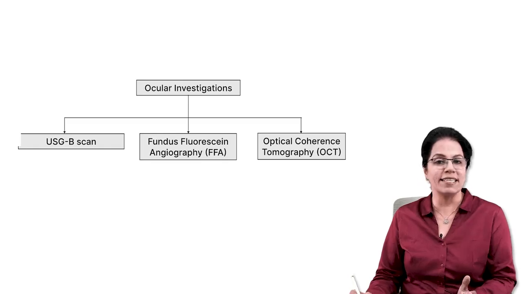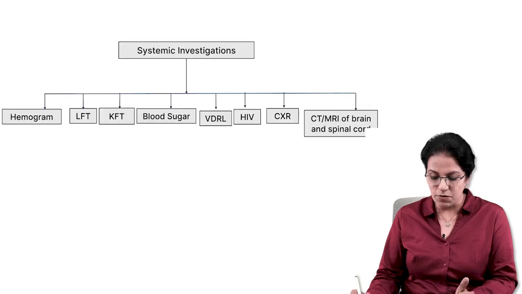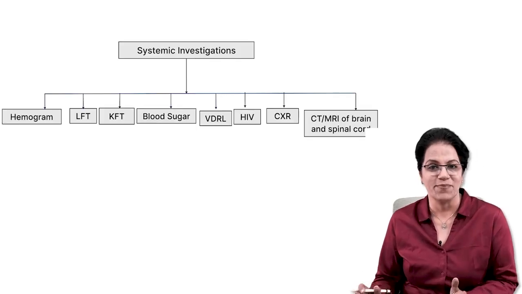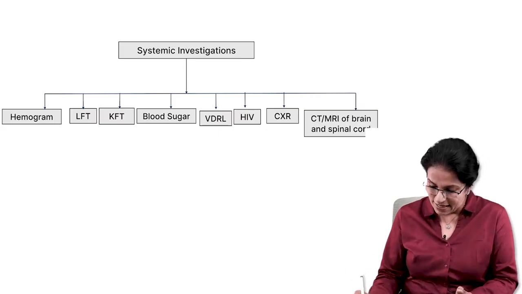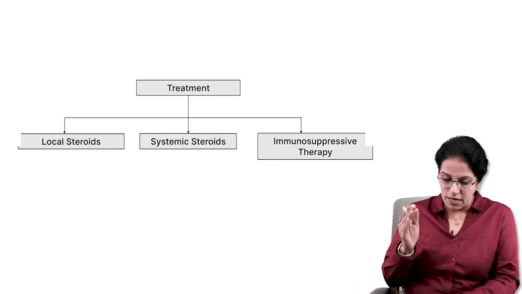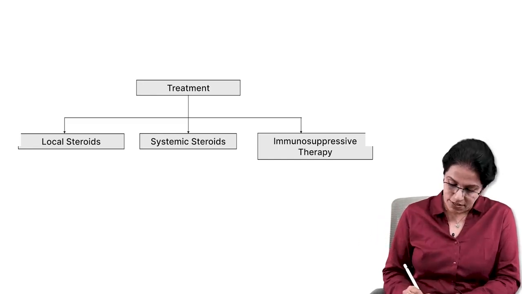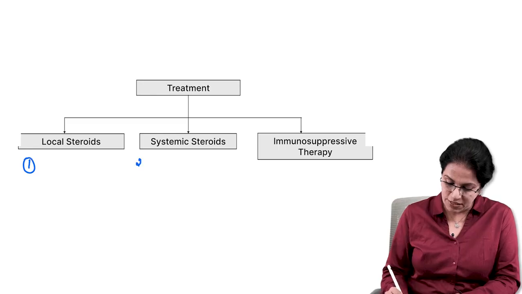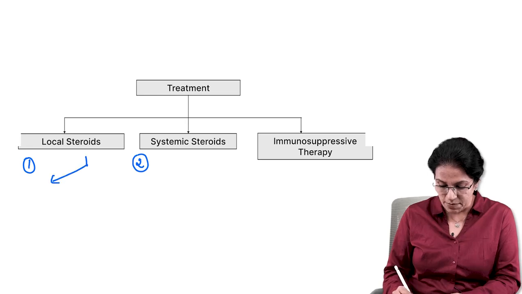Ocular investigations again the same, we want to exclude the CME, right? And systemic would be same. Same headings, I am not going to repeat it again and again. Coming to treatment part. When you say the treatment, it can be local steroids, just this way we have just learned. First is local steroids, second is systemic steroids. Local, same that you have learned in intermediate uveitis. What did we study?